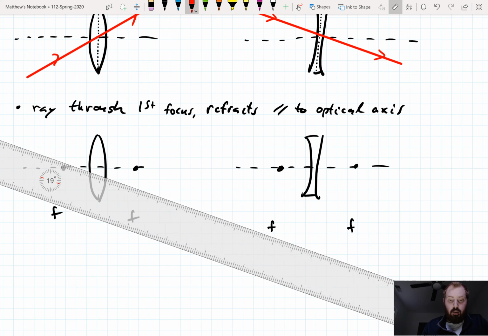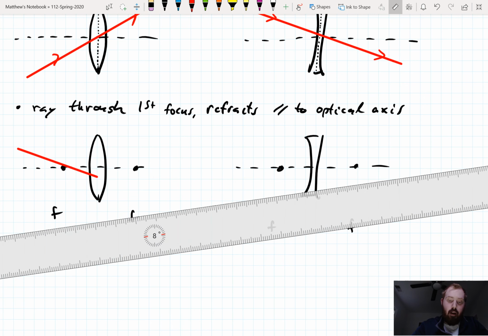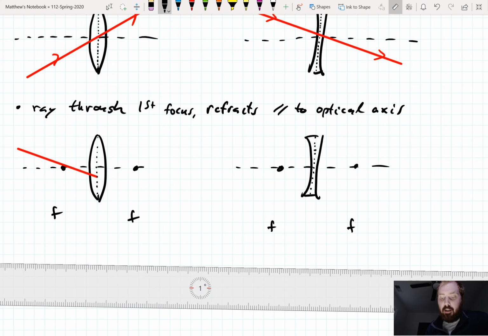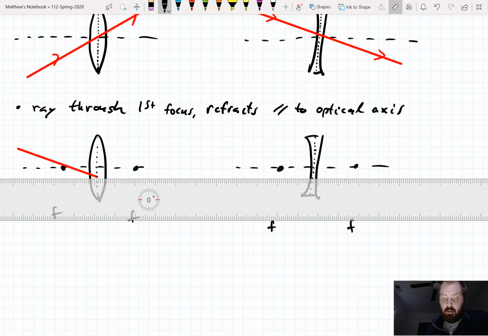So, if I go through this focus, bam. I'll say not everyone does the dots. I get lazy. I sometimes draw them. I sometimes don't. All right.